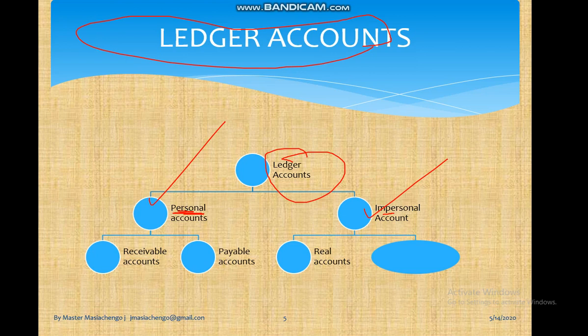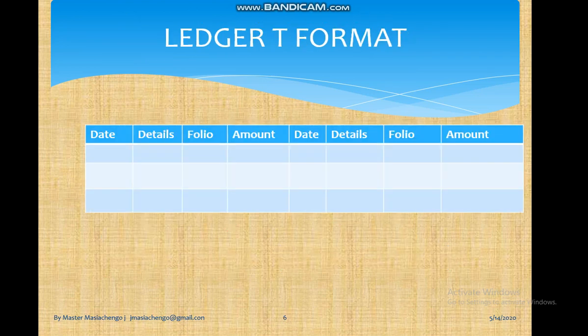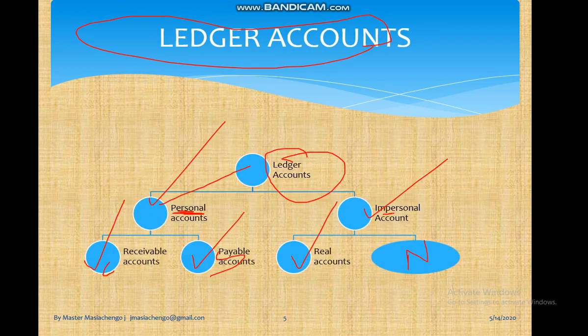But let's start with how the accounts are flowing. In the ledger accounts, we have personal accounts, the accounts of our credit customers and accounts of our suppliers, which we call the creditors. But we have got also in the ledger accounts what we call the real accounts and what we call the nominal accounts.